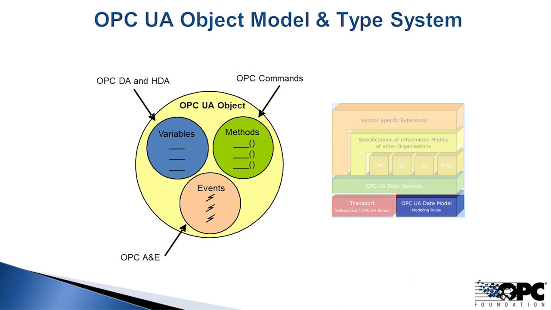As I mentioned, the object model and the type system, that is one of the basic building blocks. And that's a little blue one here on the side. Modeling data and the capabilities is best described like an object-oriented programming language.